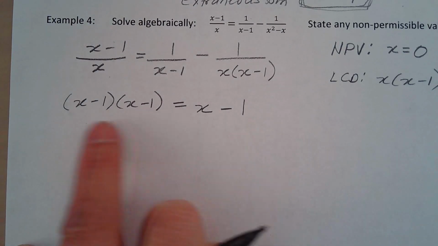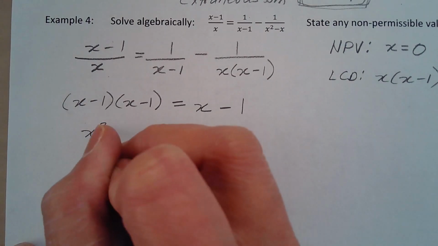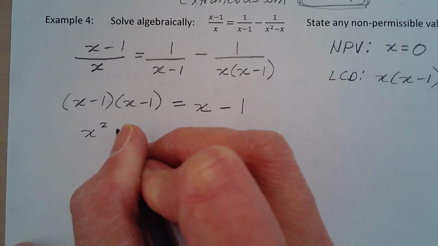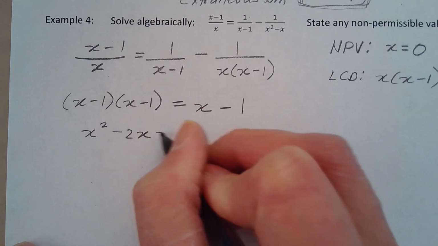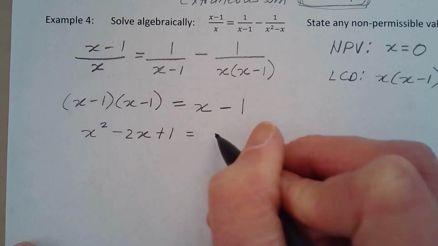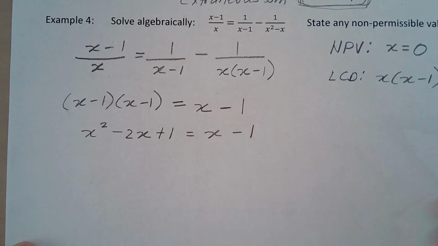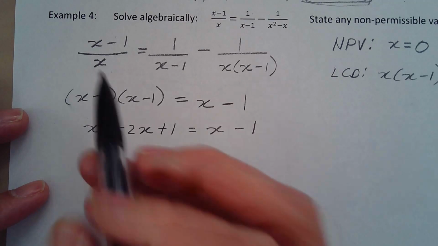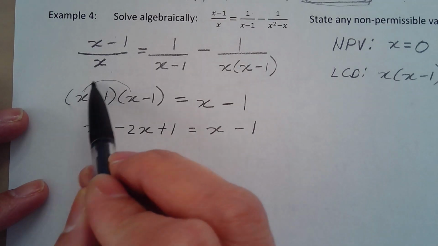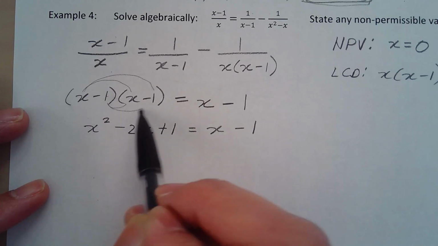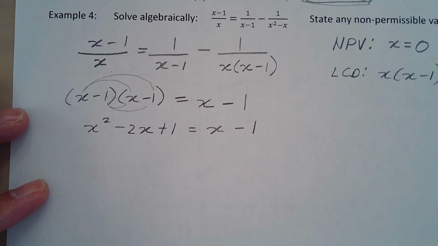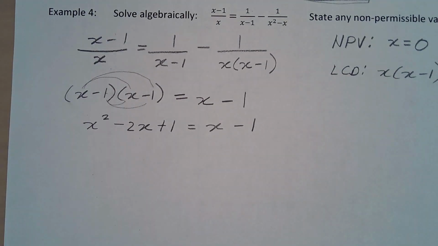Let's expand this one. So x squared minus 2x plus 1 equals x minus 1. Right? x times x is x squared, minus x, and another minus x, so that's minus 2x, and then negative 1 times negative 1 is positive 1. It looks like we're going to end up with a quadratic equation again.